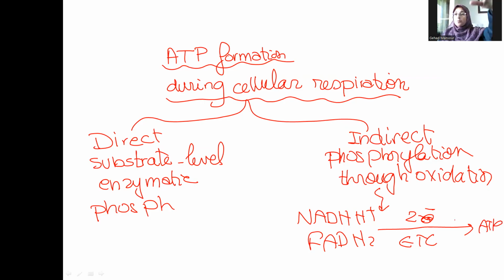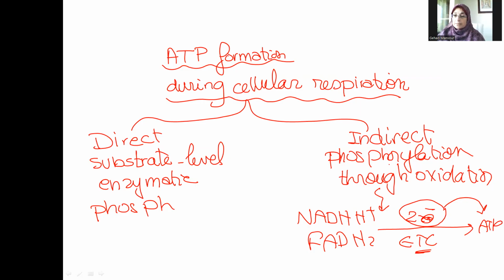So this whole process of losing electrons from reduced NAD and FAD to form ATP at the end of the electron transfer chain is the indirect phosphorylation.